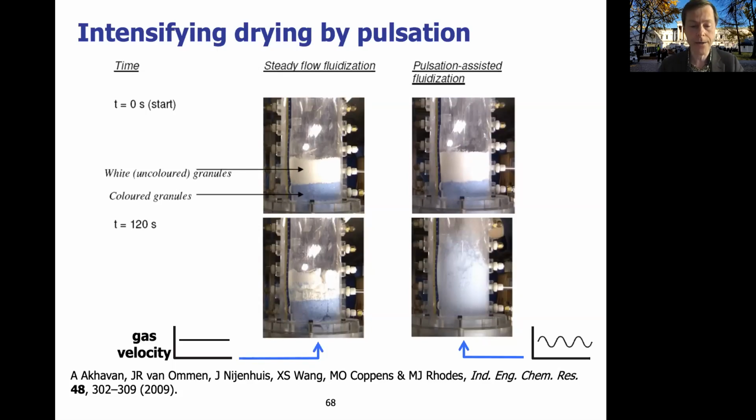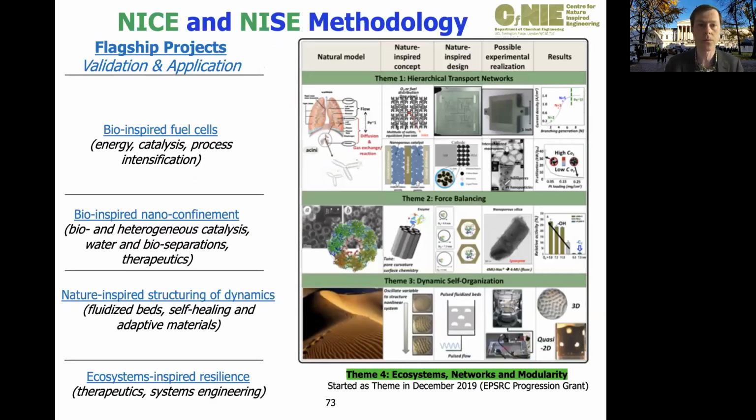I will stop here and give you my final slide to illustrate the overall methodology of nature-inspired chemical engineering, which is taught in the class and you can practice as students. And I've shown you a few flagship projects, learning from these hierarchical transport networks for bio-inspired fuel cells, nano-confinement effects.